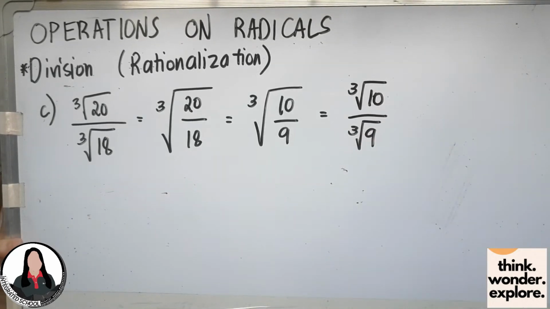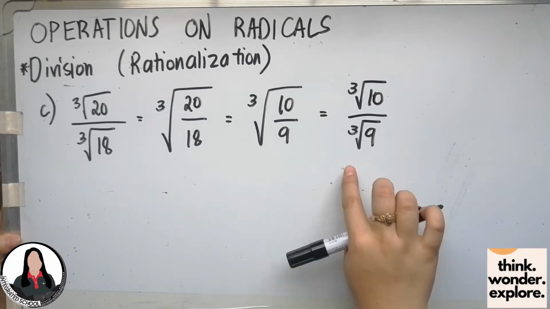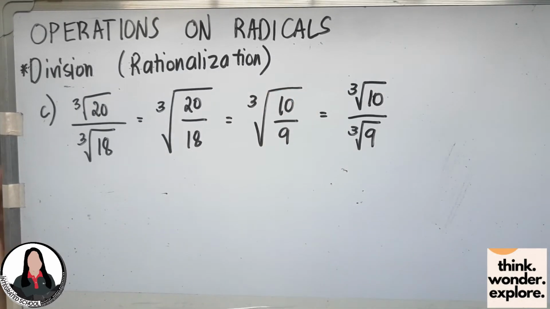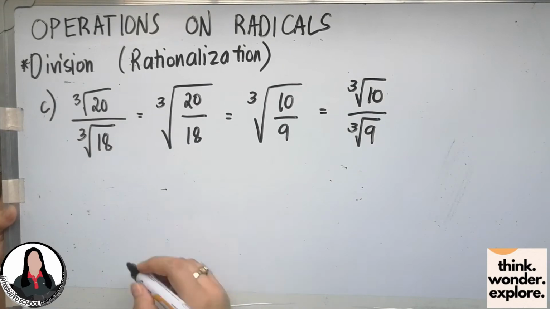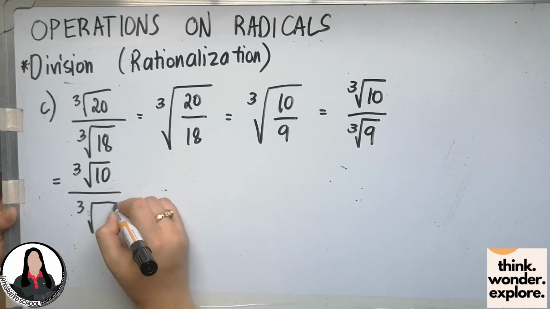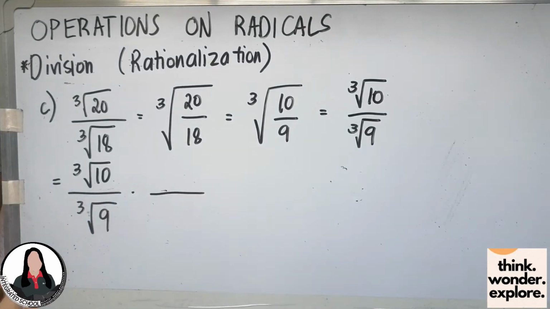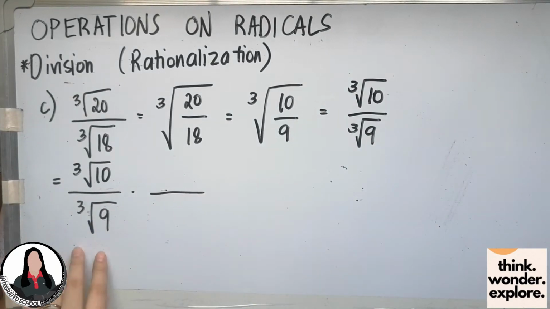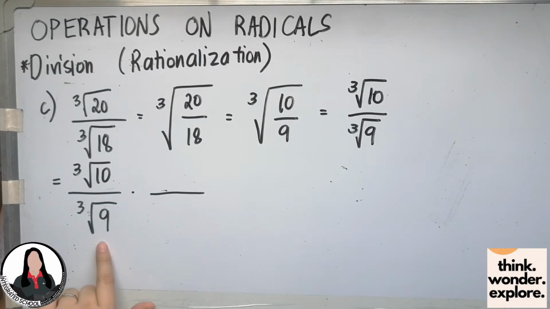We have learned from the previous lesson that we cannot consider a radical expression as a simplified form if the denominator contains a radical expression. So, dito, gagamit tayo ng rationalization. To rationalize our denominator, we have the cube root of 10 divided by the cube root of 9. So, we have to multiply our denominator with a radical expression kung saan gagawin nating perfect cube ang radicand.